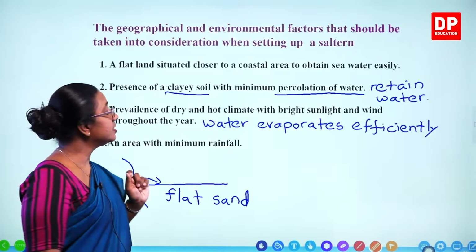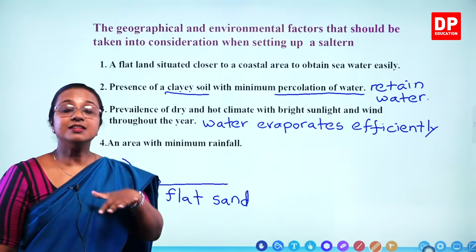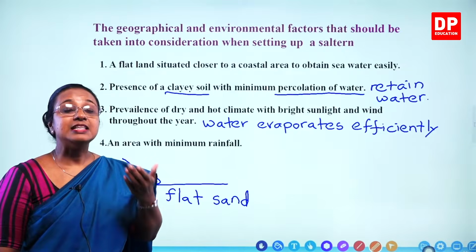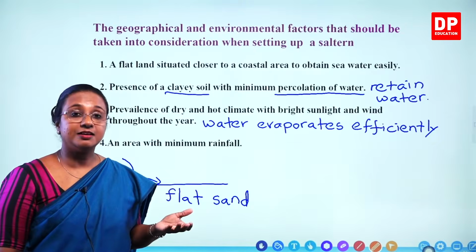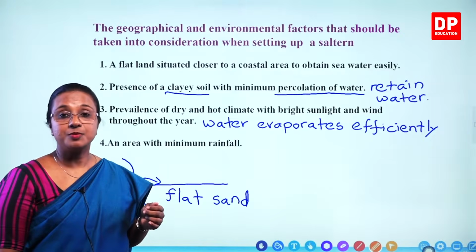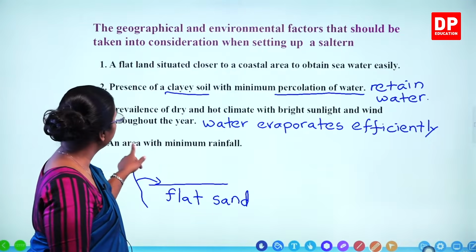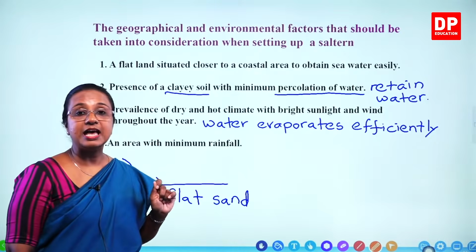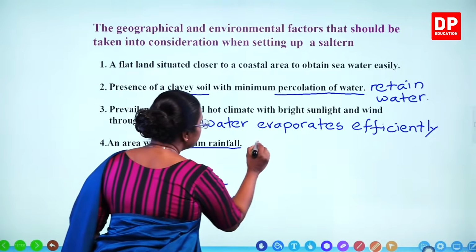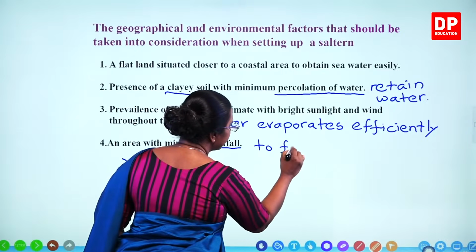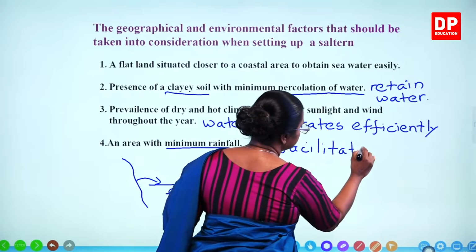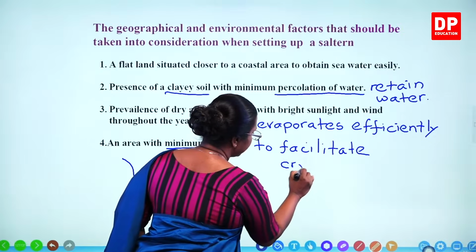If there was rainfall, again the solvent water would be added to the tanks and the concentration would decrease. That will disturb the crystallization process. Therefore, there should be an area with minimum rainfall, again to facilitate crystallization.